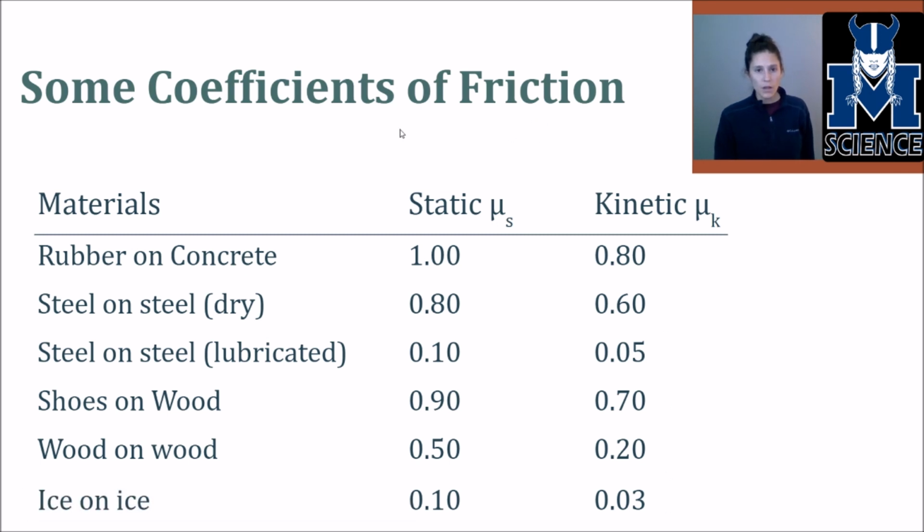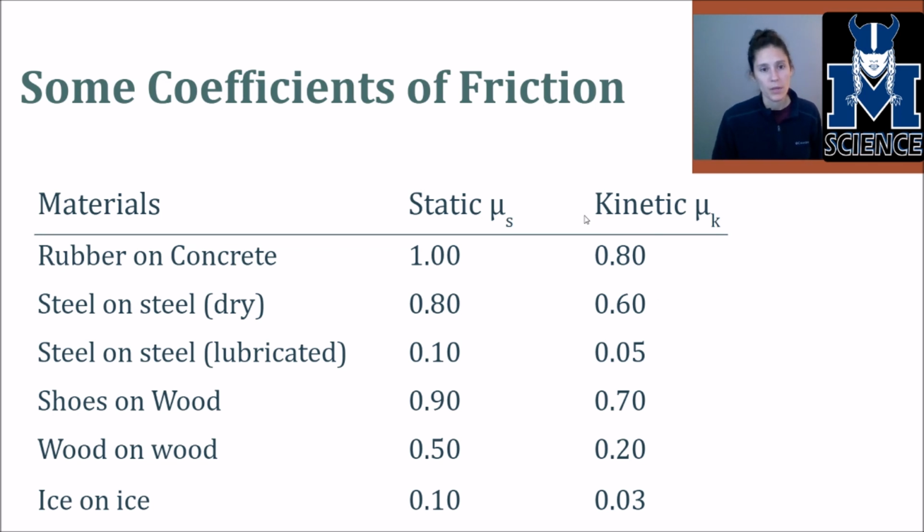It's interesting to look at rubber on concrete: we have a static friction coefficient close to 1, and a kinetic friction coefficient of about 0.8. Again, these are averages.